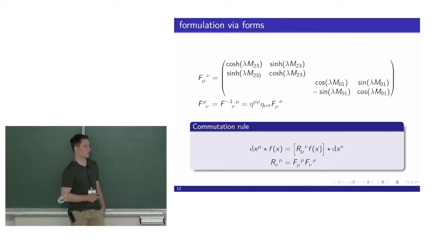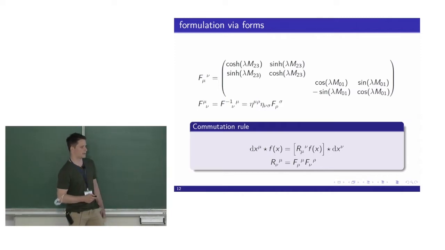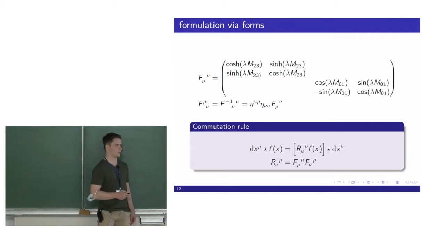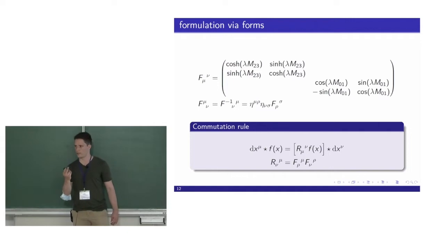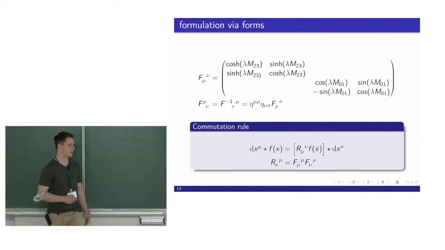We can also find a commutation rule between basis 1 forms and functions. So we basically compare the star product between a basis 1 form and a function, and the other way around. And this gives such an R matrix here. Since we are comparing two different kinds of star products, we get two twists.